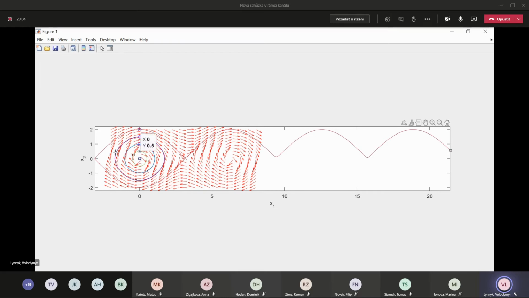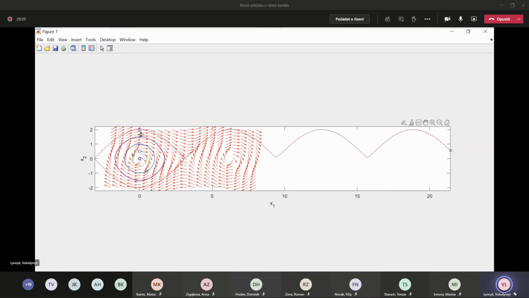If we choose, for example, 0.5, we stay on this orbit always, and so on. When we choose x1 equal to 0, x2 equal to 1, we stay on this circle. This is a stable point, and here the same, and always when we start we stay on the same orbit.